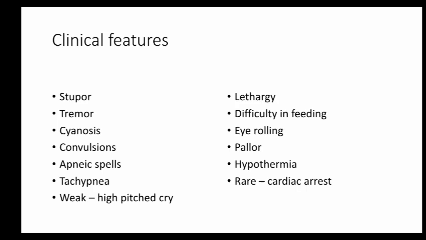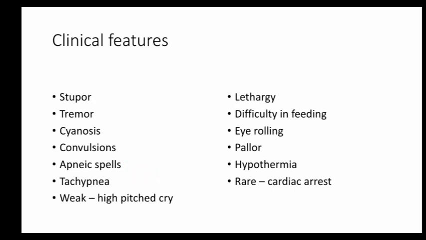Hypoglycemic children present with lethargy, pallor, difficulty in feeding, eye rolling, which is related to seizures. Hypoglycemia also leads to seizure development, and hypothermia, stupor, tremor, cyanosis, convulsions, apneic spells, that means the baby has tachypnea, and a weak high pitched cry.